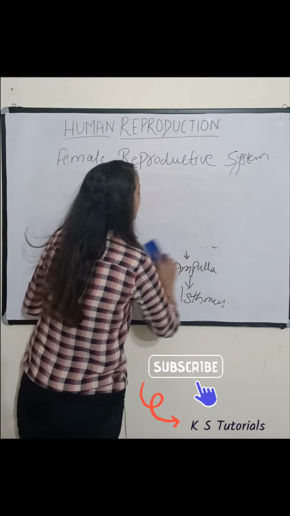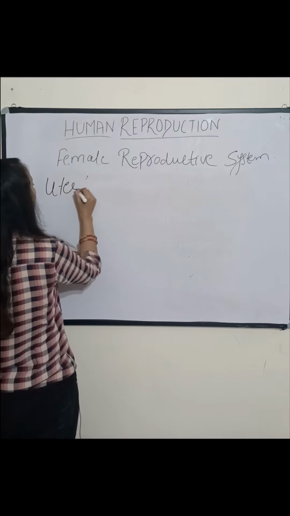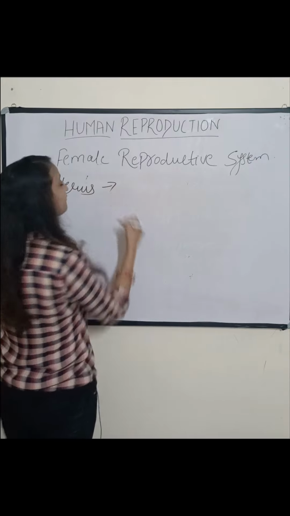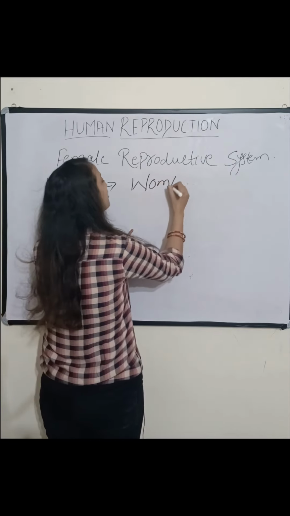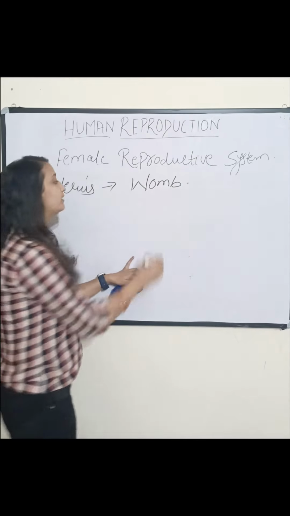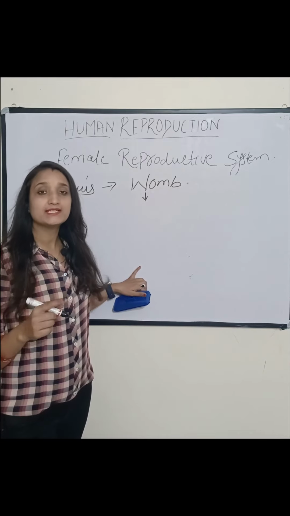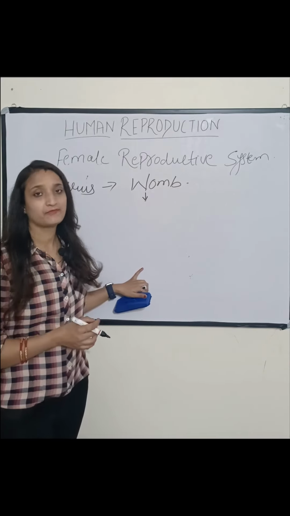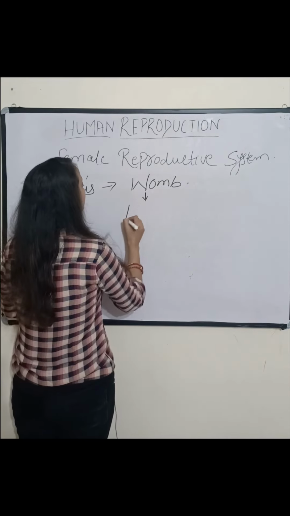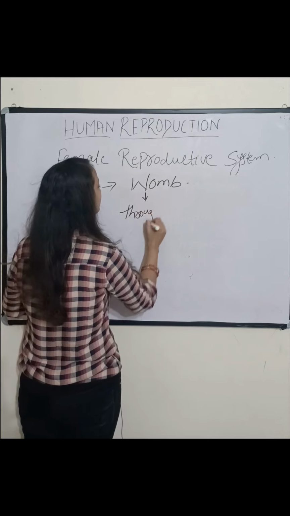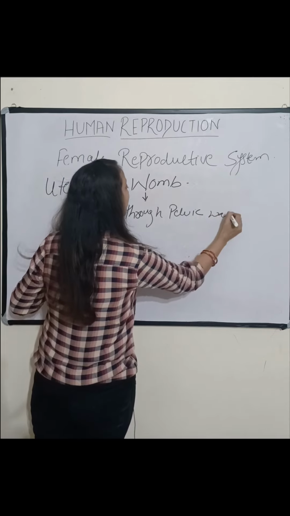Now I am going to tell you about the uterus. First of all, the uterus is single and it is also known as the womb. The shape of the uterus is like an inverted pear. The uterus is attached to the pelvic wall by ligaments.